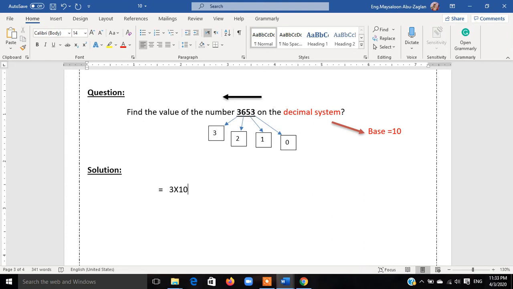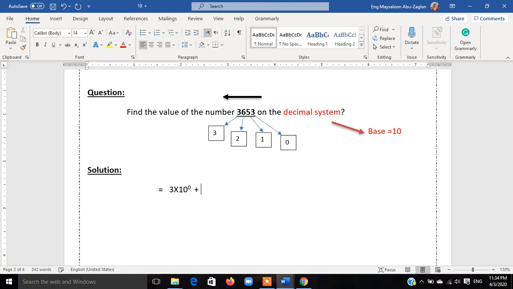Why 10? Because the base here is 10. We are talking about a decimal system. Powered by 0. Why 0? Because the order for this number is 0. And we said earlier, this 0 here in the numerical system is counting. Count for a value.